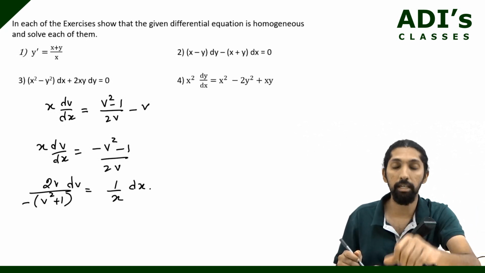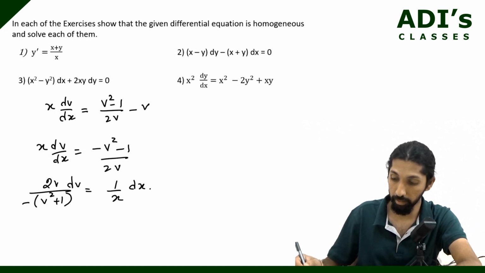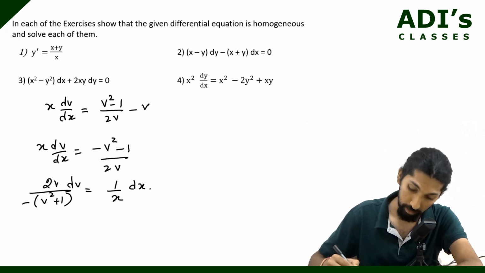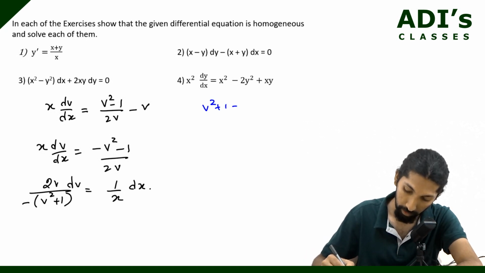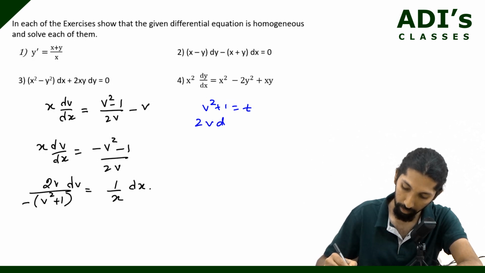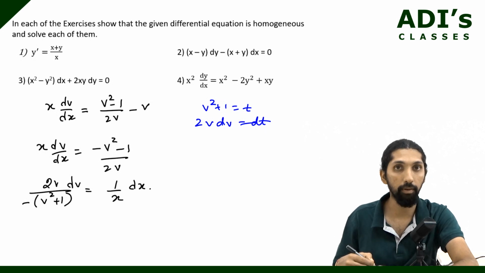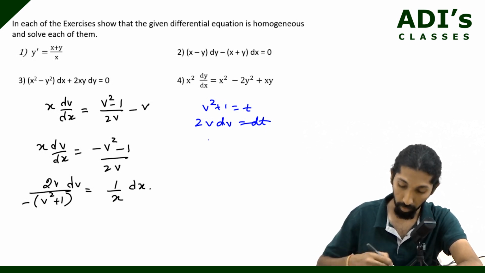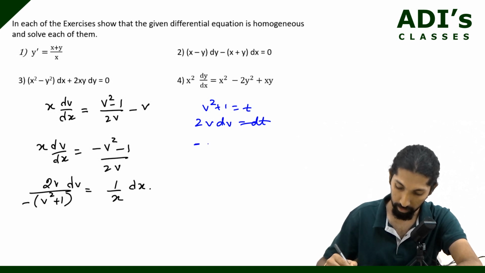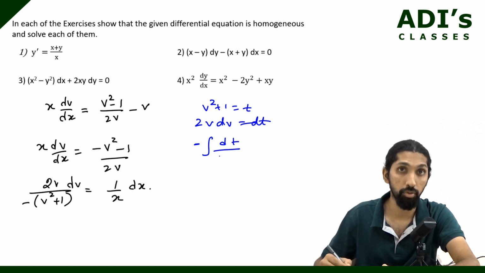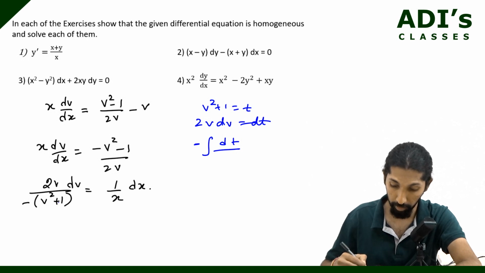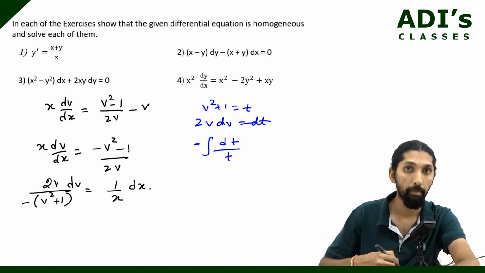Now on the LHS, take the denominator as t. In the sense, take v square plus 1 as t. 2v dv is equal to dt. And that's exactly what we have, right? So on the LHS part, you can write minus integral of dt divided by t, so in this case, v square plus 1 is t, right?